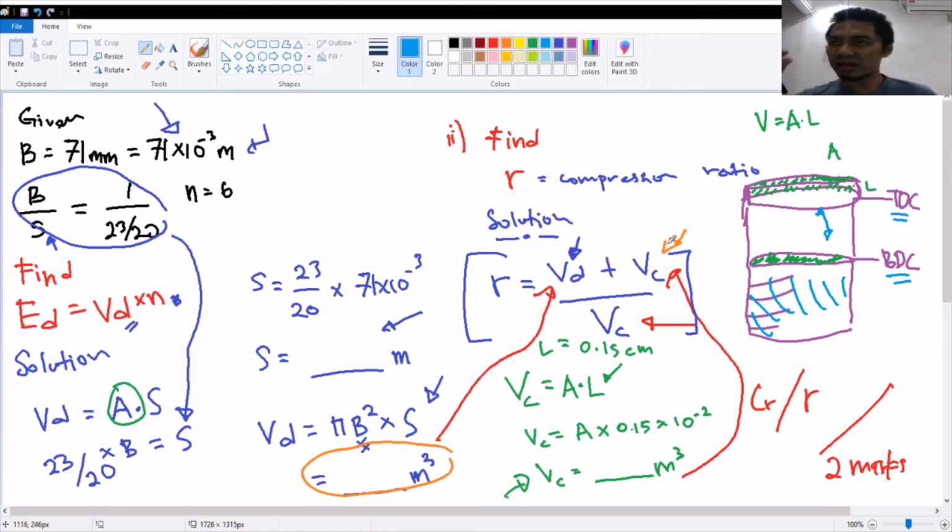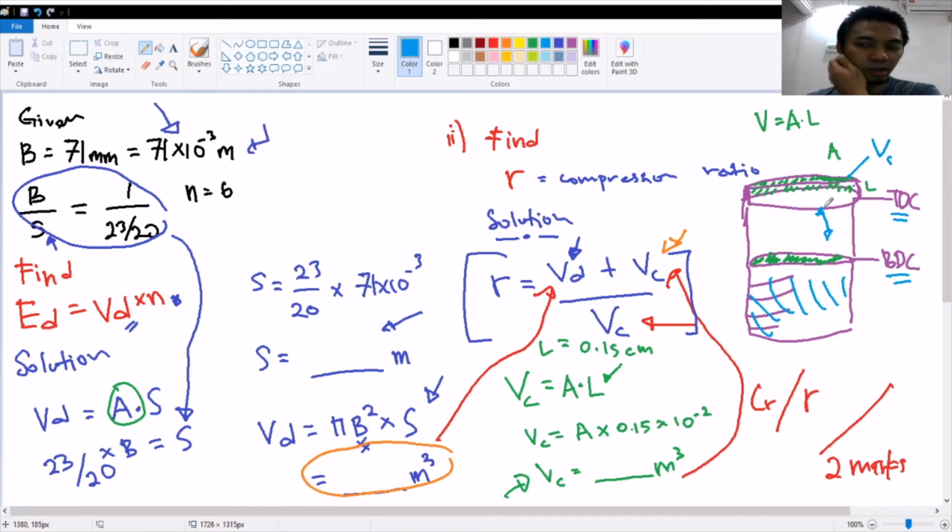But there is another gap between the head of the block and top dead center. We call it the VC, clearance volume. It still looks like a cylinder, but the piston cannot go beyond TDC, so we call it the clearance volume. This clearance volume is where the combustion happens.